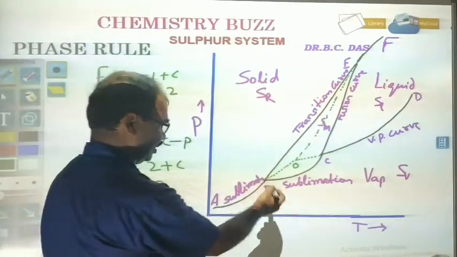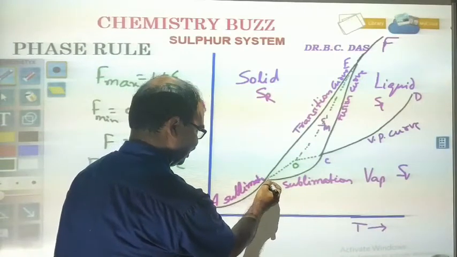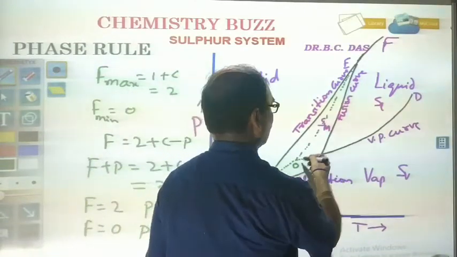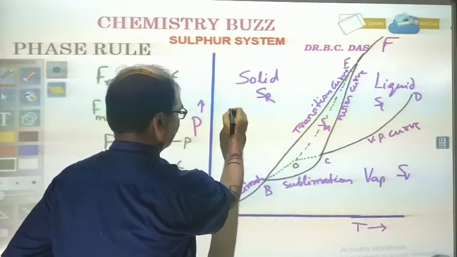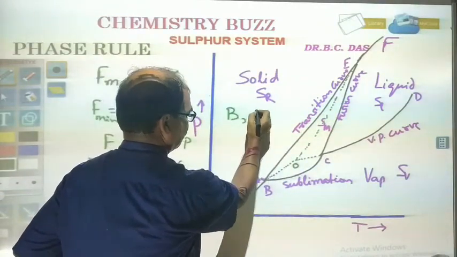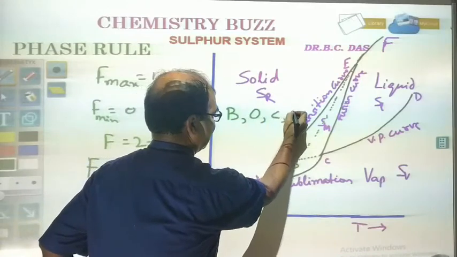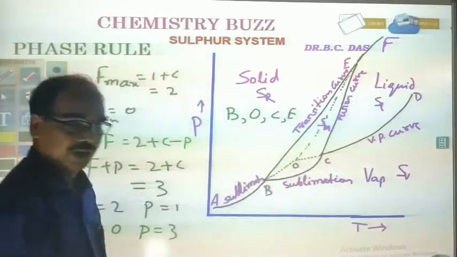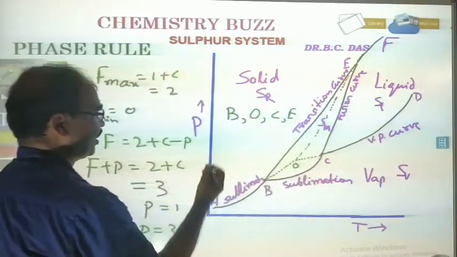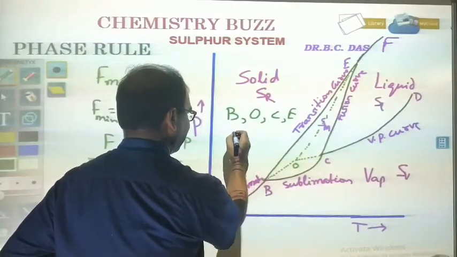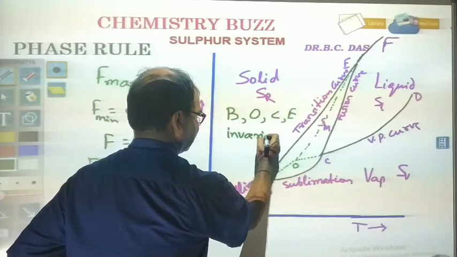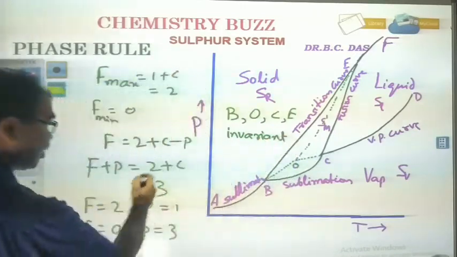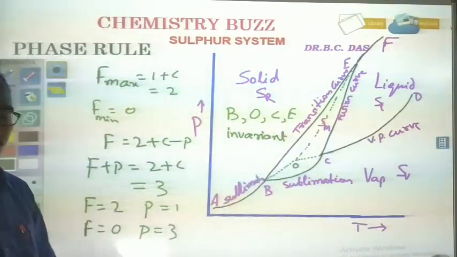So we have these points, that is B, C, O and E. These are the triple points. So 3 phases coexist. So these points are called invariant, as the degree of freedom is 0 at these points.